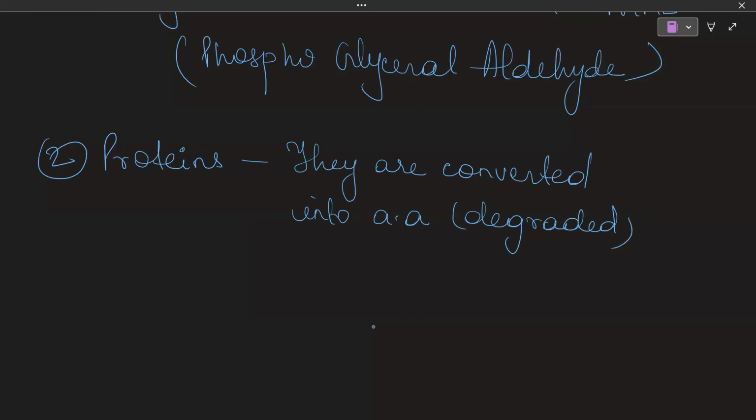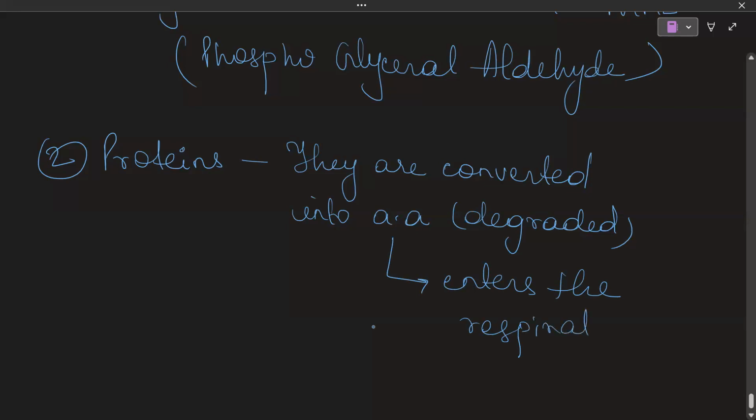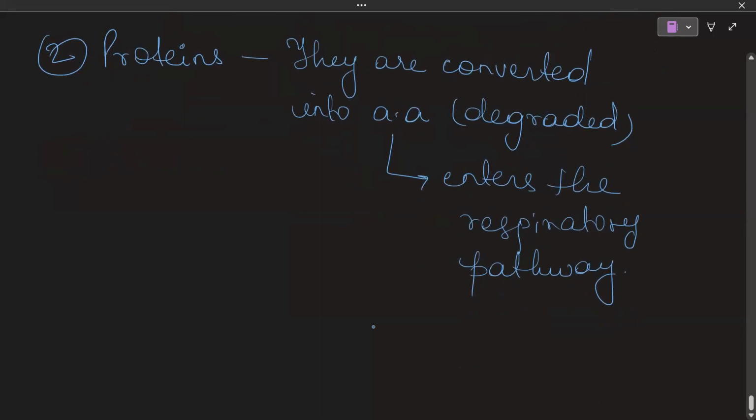And then the amino acids will enter the respiratory pathway. Is it clear up till now? All right. This was about proteins. Any doubts?